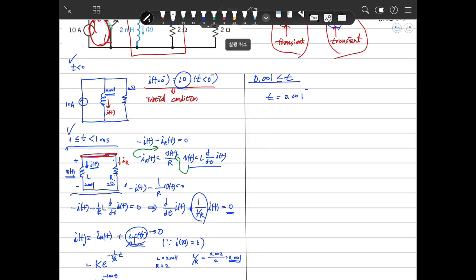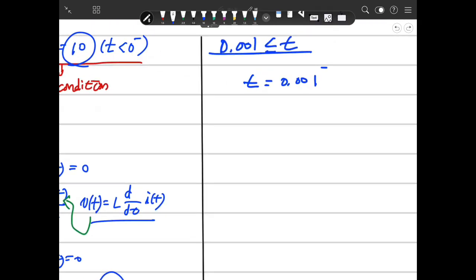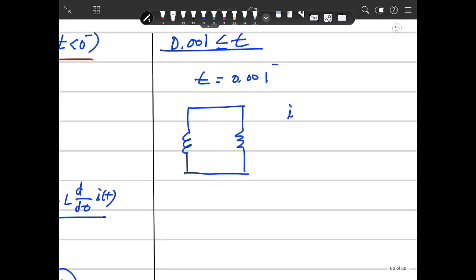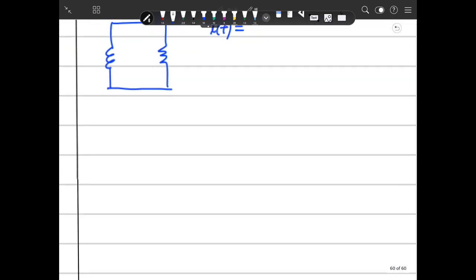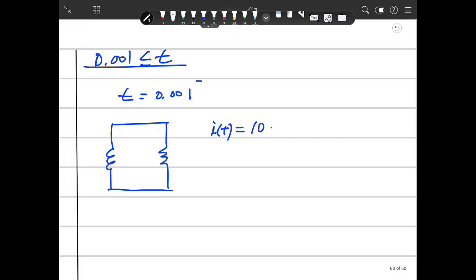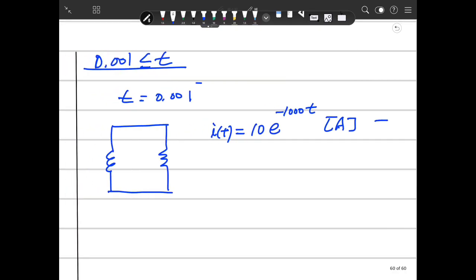L R. Okay, we will use small l and R. So that will be i(t). This can be derived right here. So there will be 10 exponential minus 1000 t amperes for t larger than 0.